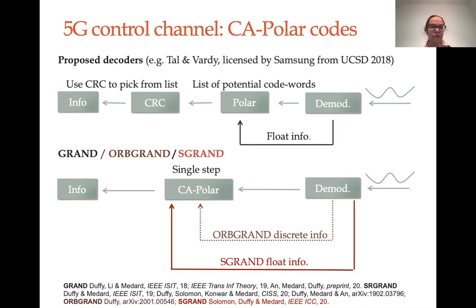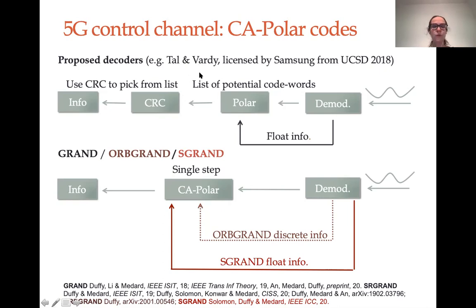Then you create a list based on successive cancellation, where instead of decoding to a single code word, you decode to a list. And then you pick from that list by selecting which entries actually pass a CRC, cyclic redundancy check.